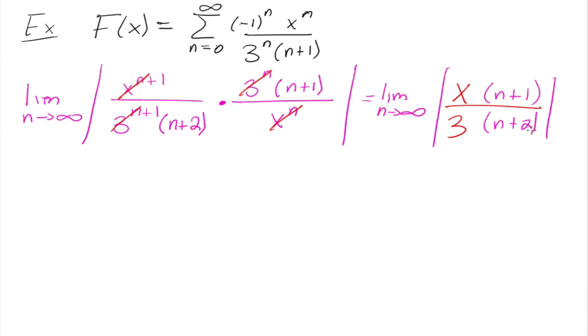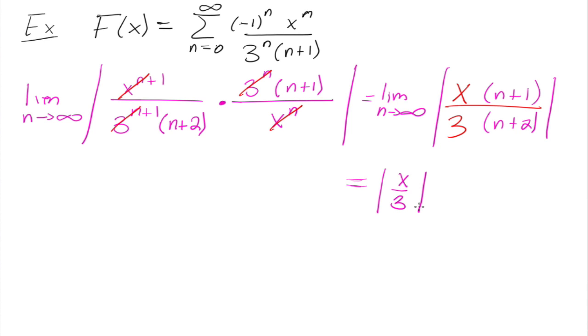And so what's the limit as n goes to infinity of that? Yeah, the (n plus 1) over (n plus 2) converges to the number 1, right? So that limit is equal to the absolute value of x over 3, right?